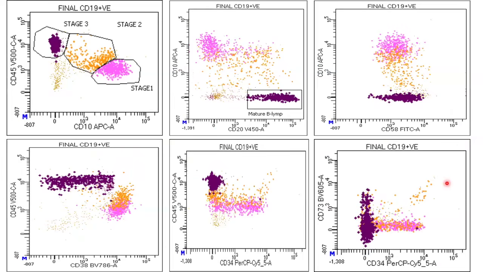So moving on to the next plots, where we see the patterns of maturation. So first one is the CD10 versus CD45 plot, where there is stage 1 hematogone, stage 2 hematogone, and stage 3 hematogone.